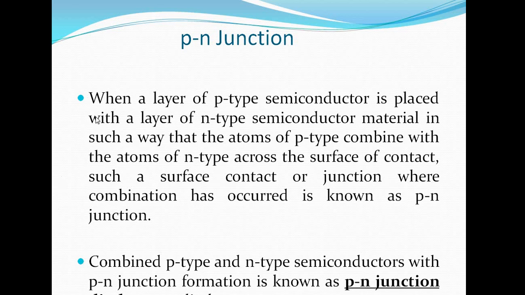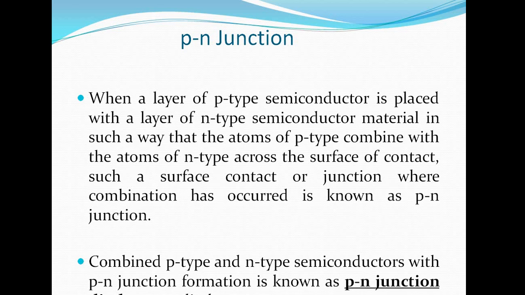First, when a layer of P type semiconductor is placed with a layer of N type semiconductor material in such a way that the atoms of P type combine with the atoms of N type across the surface of contact, such a surface contact or junction where combination has occurred is known as a PN junction.